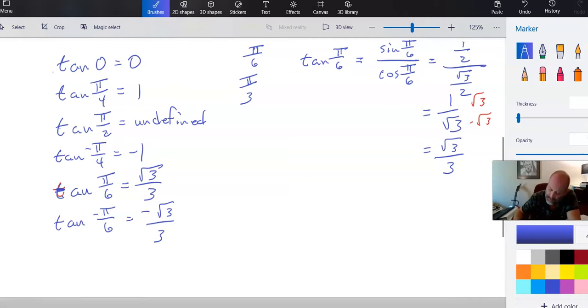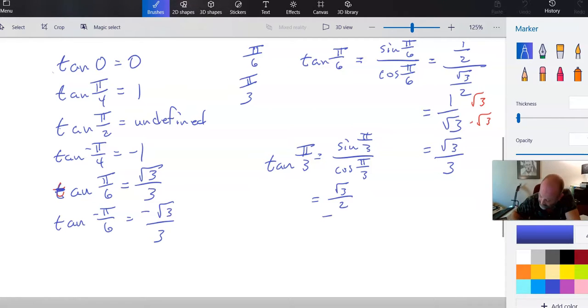And then if we look at tangent pi over 3, right, that's sine pi over 3 over cosine pi over 3. And let's see, so that's root 3 over 2 is sine pi over 3 divided by 1/2 is cosine pi over 3.